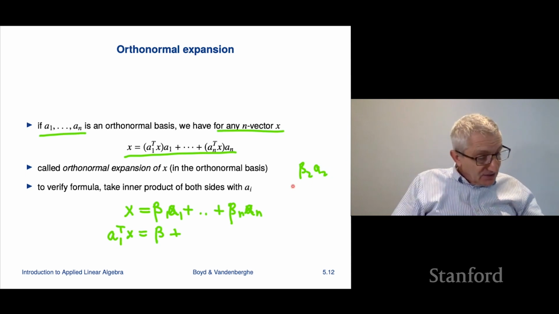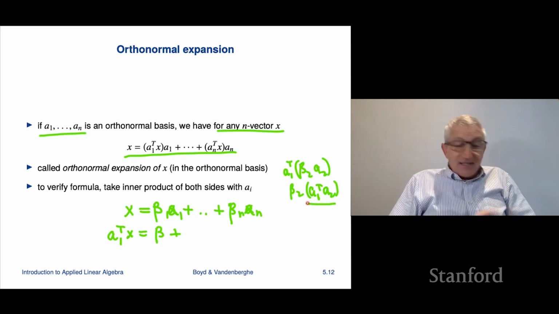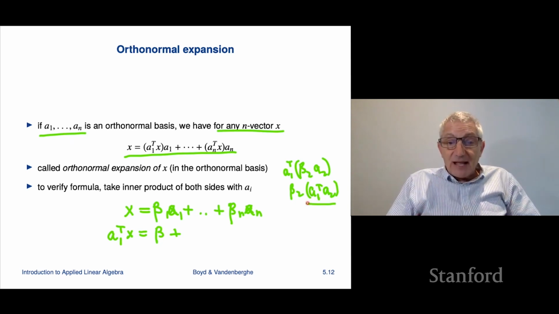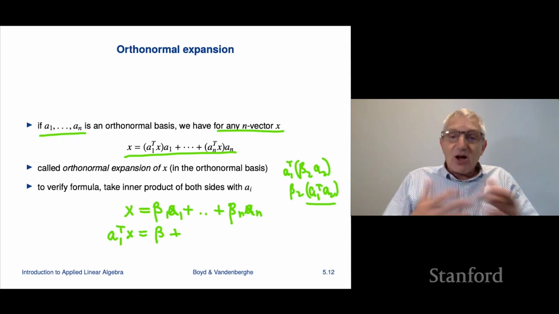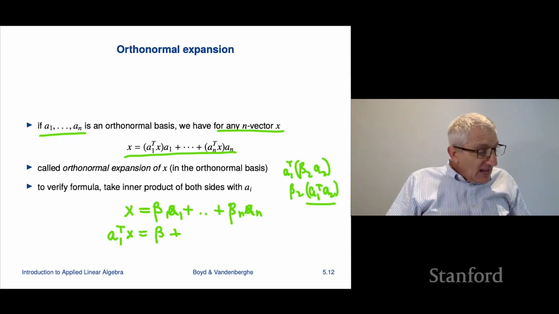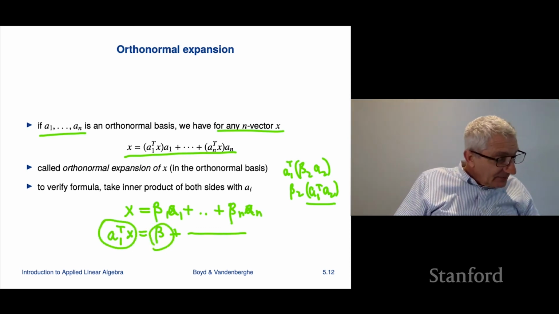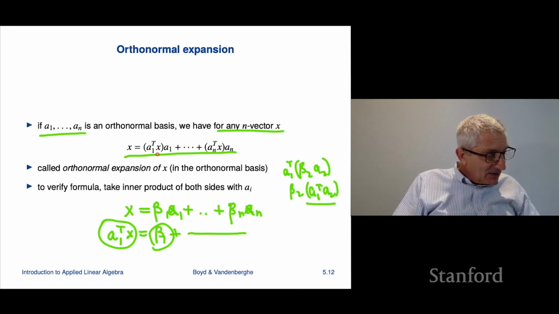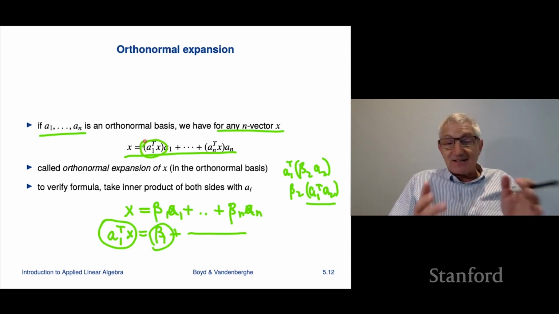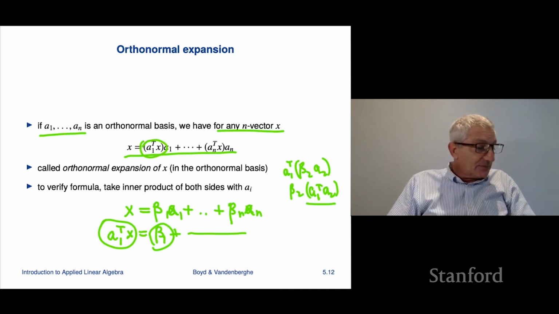That's beta 2 times the inner product of A1 and A2, and this is 0 by orthogonality. So all the other terms here are 0, and you just get beta 1. So A1 transpose x is beta 1, which tells us that beta 1 is A1 transpose x. That's the calculation. It's pretty simple.